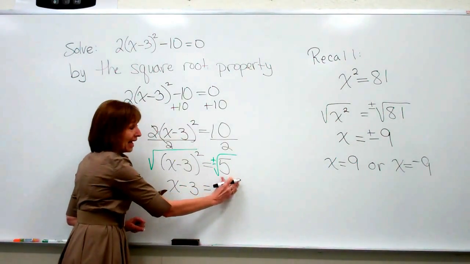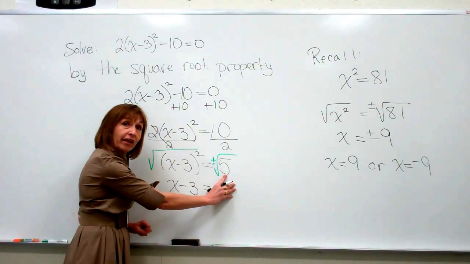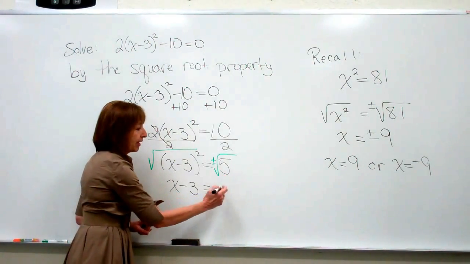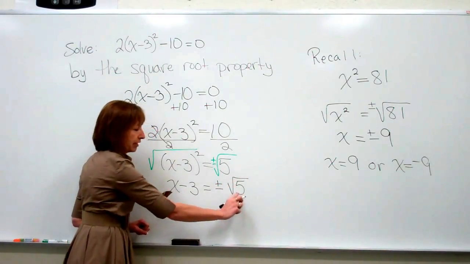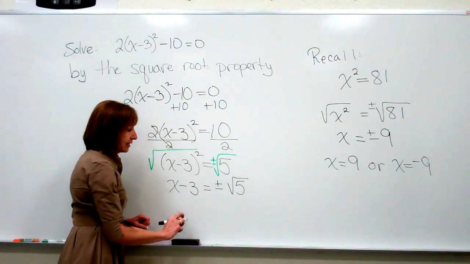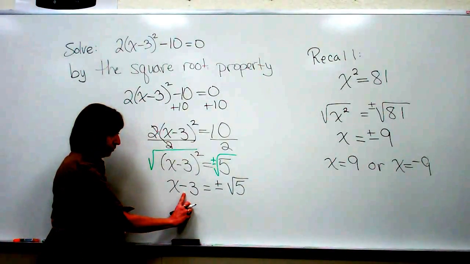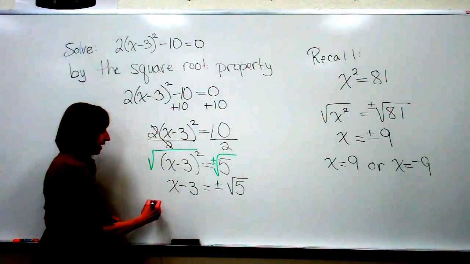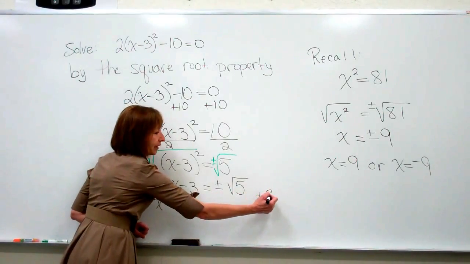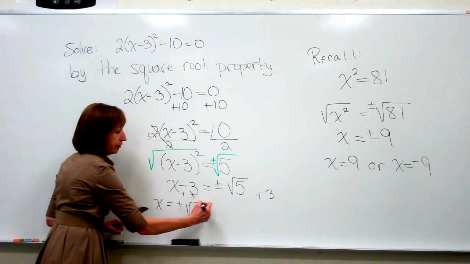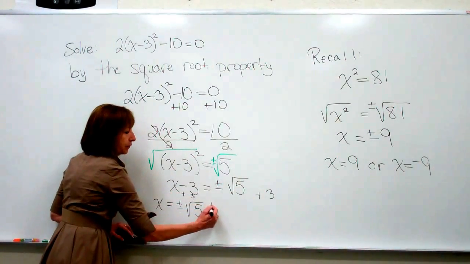And on the right-hand side, 5 is not a perfect square number, nor does it have any perfect square factors in it. So we're just going to write that as the irrational number plus or minus the square root of 5, giving both of the irrational numbers there. And to finally solve for x, we'll just add 3 to both sides. So we'll have x is equal to, adding 3 to both sides, plus or minus the square root of 5, and then stop your radical there, and then plus 3.